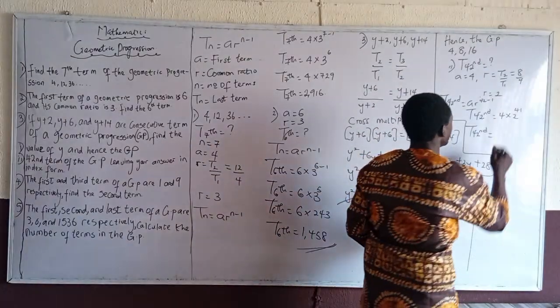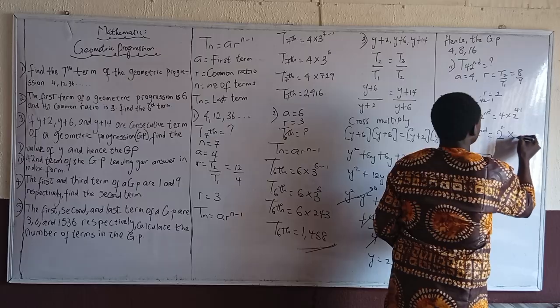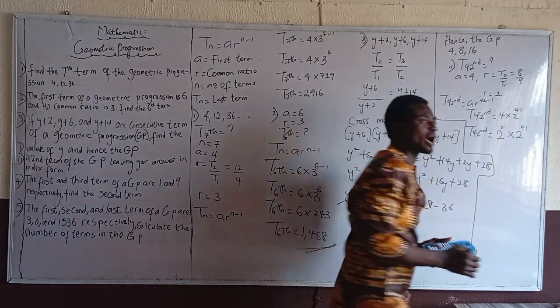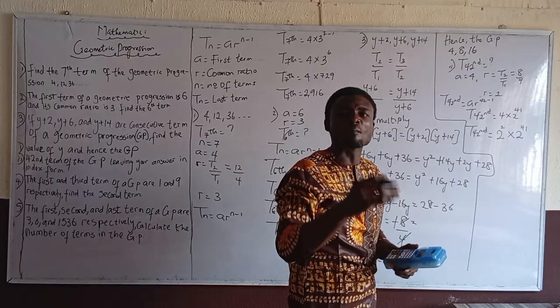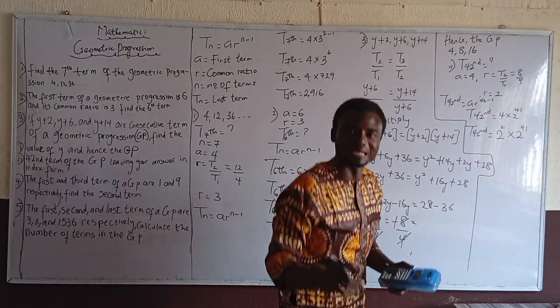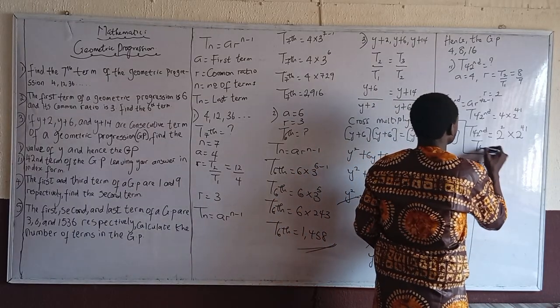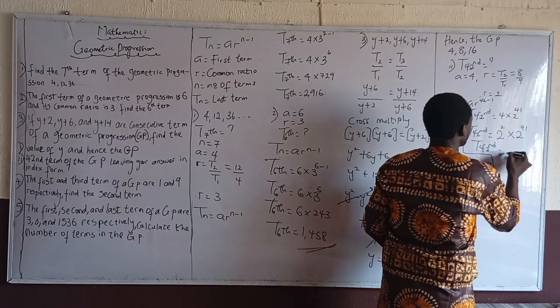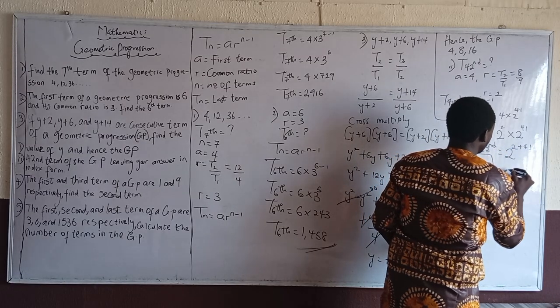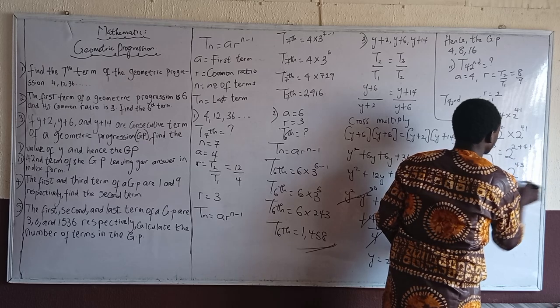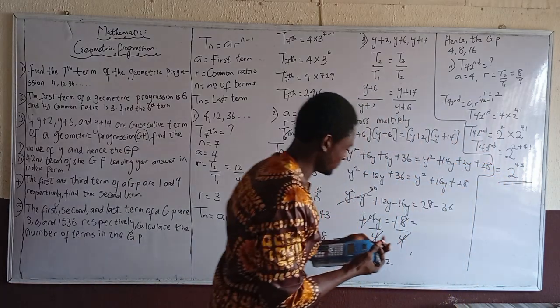Here is 2 raised to power 2 times 2 raised to power 41. According to indices, if you have the same base and you have multiplication between them, you pick one base and add the powers. So T42 becomes 2 raised to power 2 plus 41. That is 2 raised to power 43. That is the final answer.